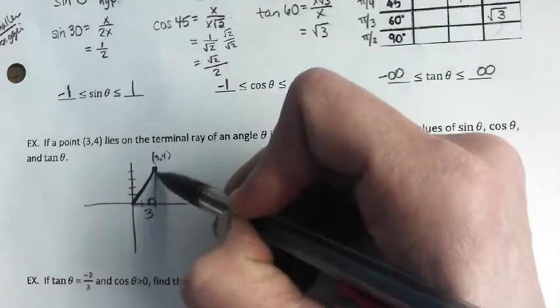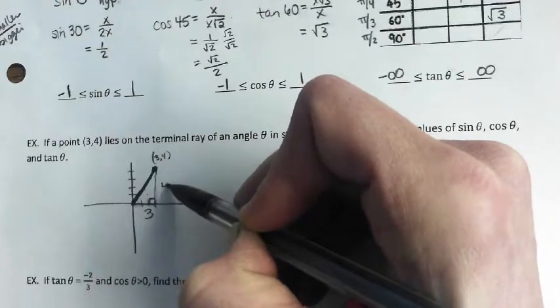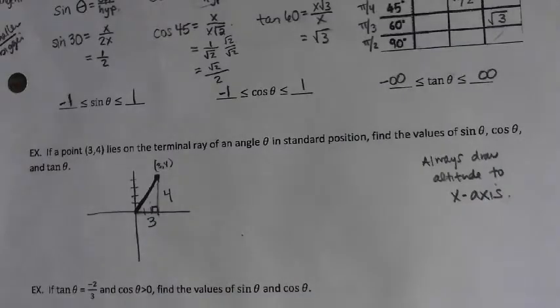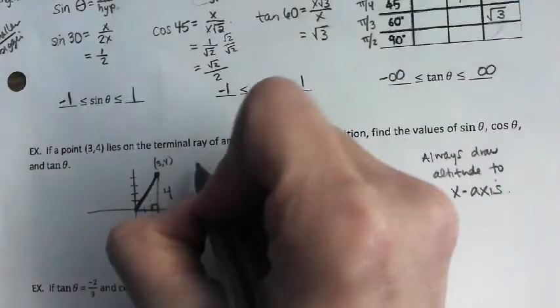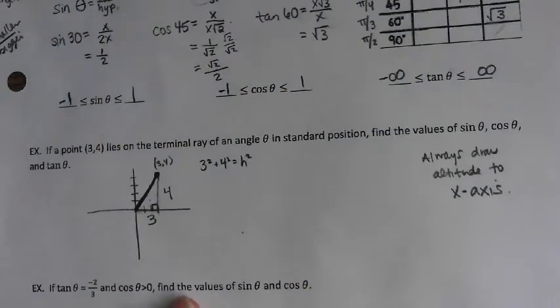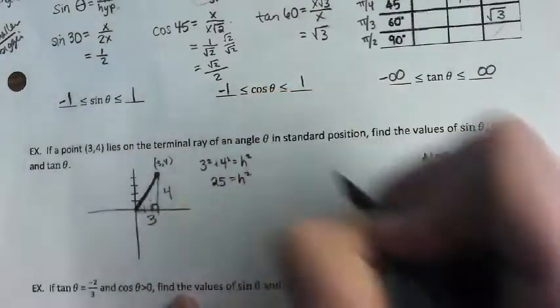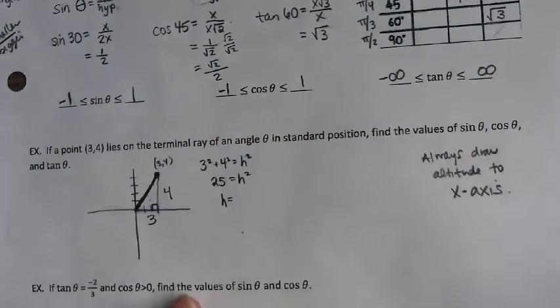And to get up, we went up 4 units, right? So by giving you the point, you will always know 2 legs of the right triangle. How do you always find the third? Pythagorean theorem. So 3 squared plus 4 squared equals hypotenuse squared. 9 plus 16 is 25 equals h squared. So what is the length of your hypotenuse?